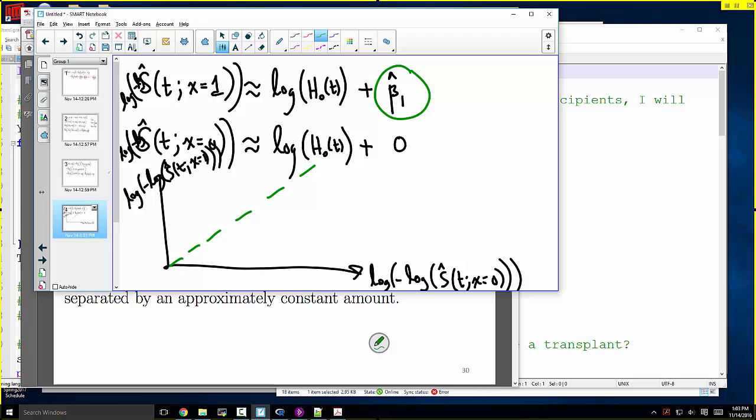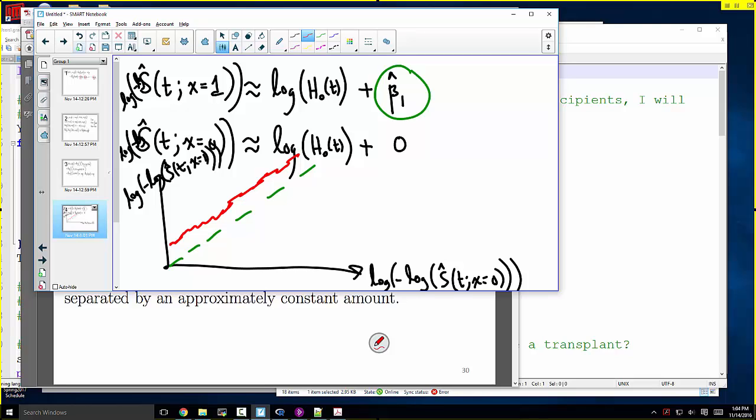Over all the times, if proportional hazards holds, what we should see is roughly a straight line shifted from equality by some constant amount. So roughly speaking, all we really care about is, is there a straight line?